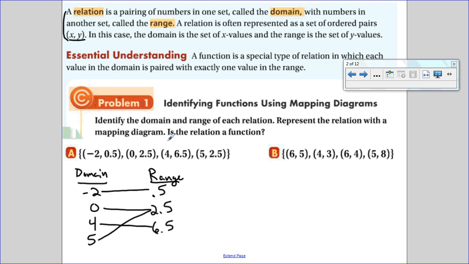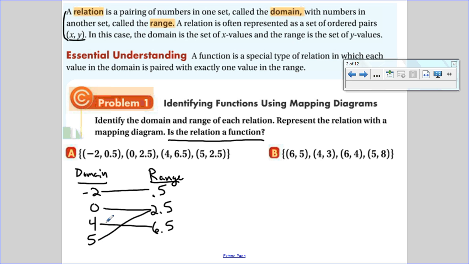The next question is, is the relation a function? To answer that question by looking at this mapping diagram, you say, are there more than one lines going from any number in the domain?